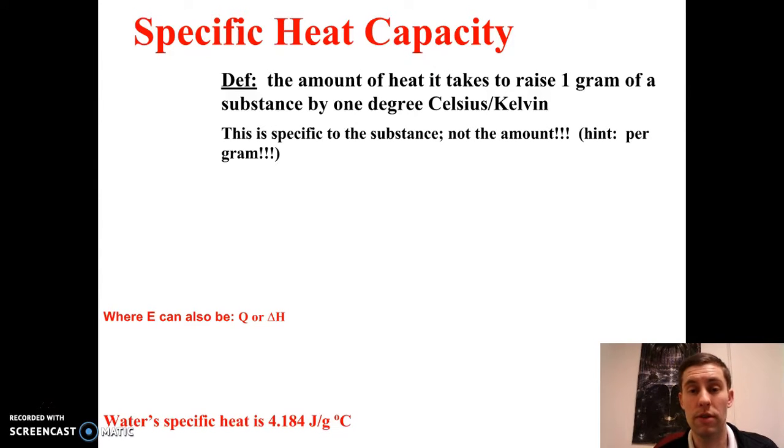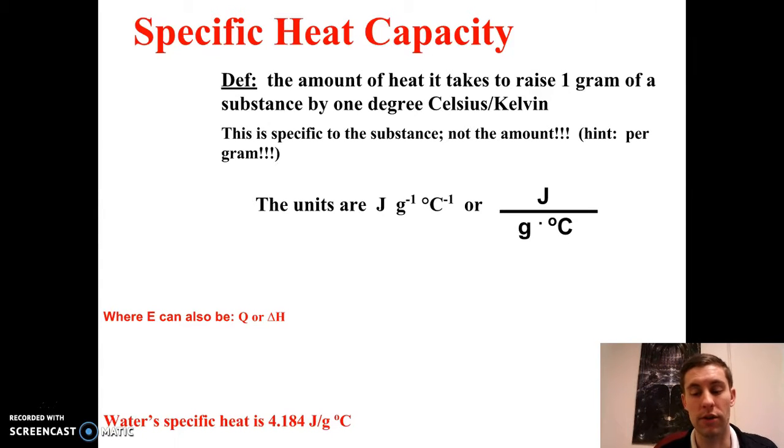So 100 grams of two different substances will take a different amount of heat to raise them up 1 degree Celsius. So look, the units are joules per gram per degree Celsius. So how many joules it takes for every gram to go up 1 degree Celsius.